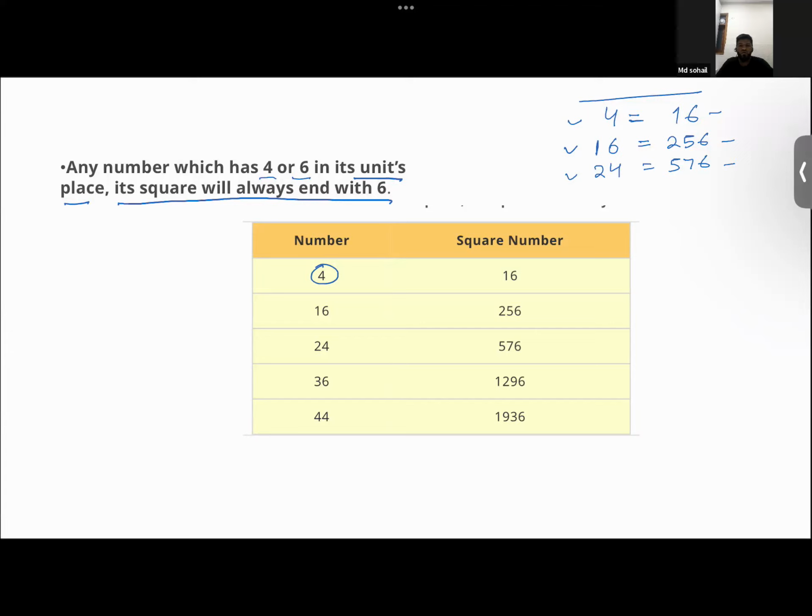And Ahmed, what about you? What was the first property we talked about? The square of numbers ending in 1s and 9s only.